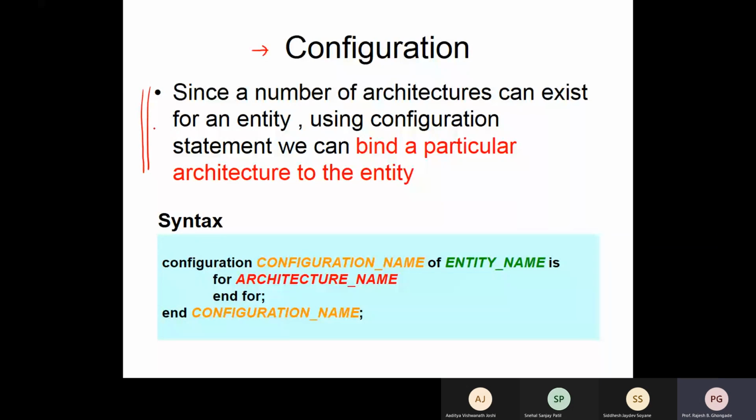For that, there is another construct called a configuration. You can name the configuration for that particular entity name and architecture name, because entity name is only one, but architectures can be different. This indicates which architecture is to be used while compiling.